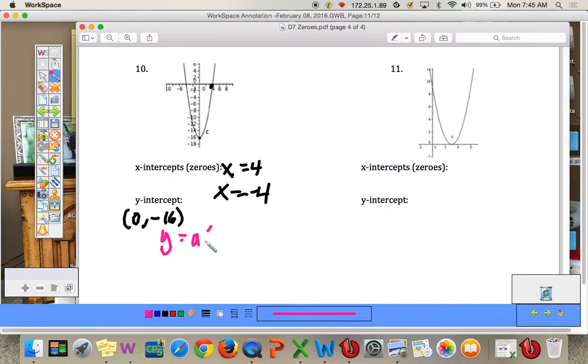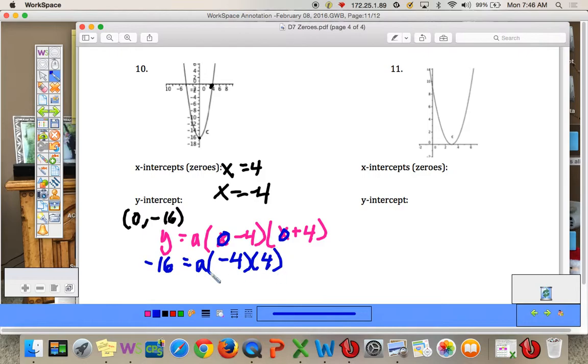Y equals a times x minus 4, it's the opposite of this one, x plus 4, the opposite of this one. Let's plug in our point here. Negative 16 equals a times, plug in zeros here, negative 4 times 4. Negative 16 equals a times negative 16. Divide each side by negative 16, so here a is 1.